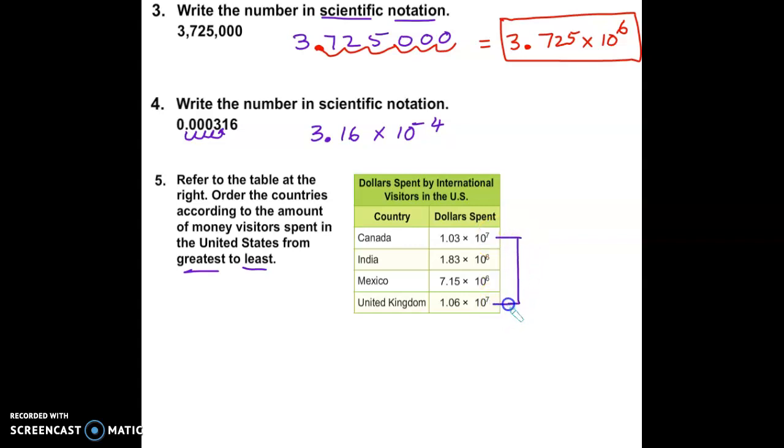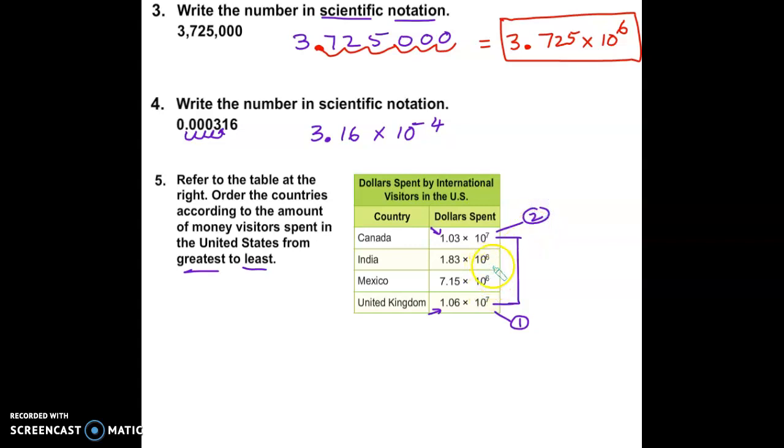In these two, since I have the same exponents, I'm going to look at these numbers and compare them to see which one is bigger. 1.06, 1.03. So obviously 1.06 is bigger than 1.03. So this is the first, this is second.